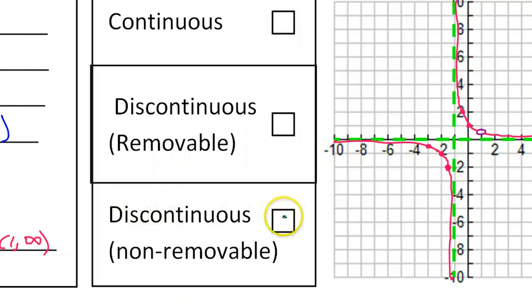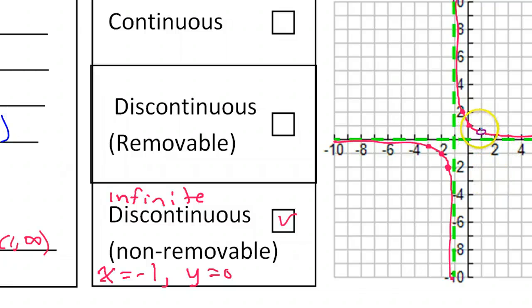So we have non-removable discontinuities. Okay, we have infinite because they're the asymptotes, which are at x equals negative 1 and y equals 0. So these are my non-removable discontinuities.